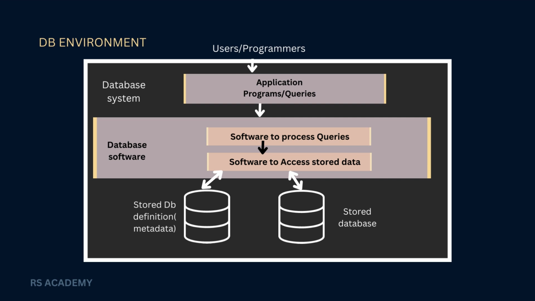That is, it accesses the stored database as well as the metadata. As we have already seen, metadata is the database definition. So this is a simple illustration of a database system environment where users write their queries and they are processed by the DBMS software. Based on the processed query, the DBMS software accesses the stored database as well as the metadata, as we discussed in the previous videos.